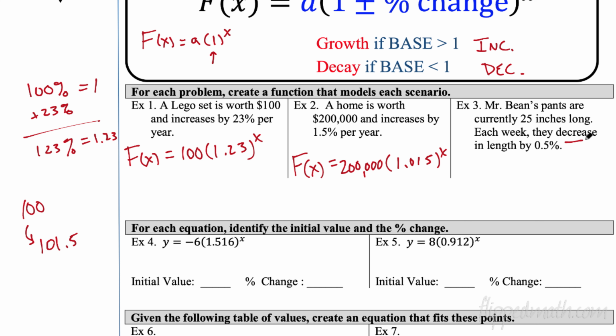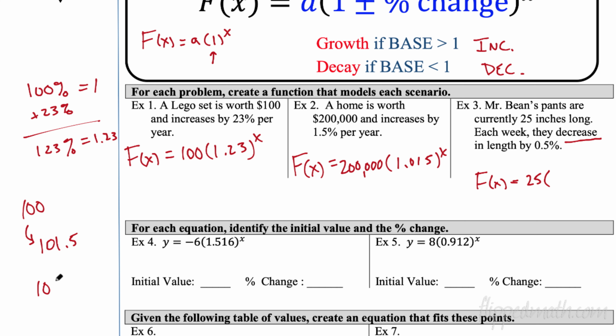Last one. This is going to be a percent decrease. So it decreases by 0.5%. And if it helps, you can think about this like it's money, like you lose half a cent. That means we have 99.5 cents, right? So this function here would be f of x equals, they start at 25, and we need to lose from 100%.